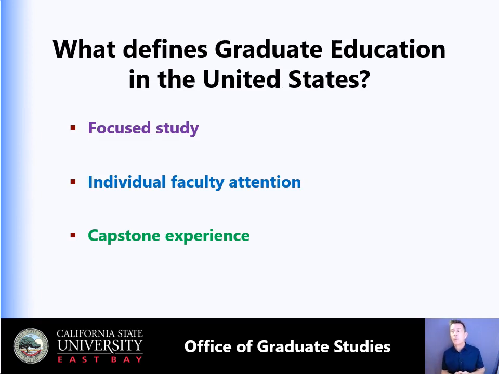So most everything we've covered so far is basically the same for undergrads as grads. But I want to talk a little bit about what graduate education in the United States means. Graduate education is different than undergraduate education in at least these three big ways. For one thing, graduate programs provide you with an opportunity to focus very narrowly on your own discipline.